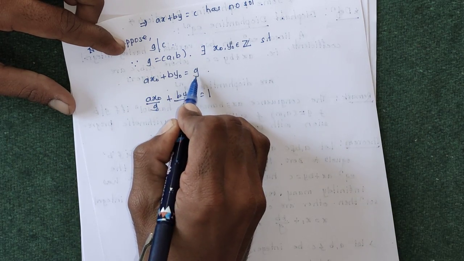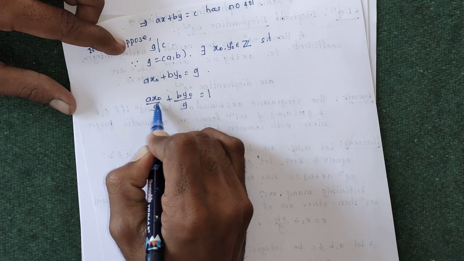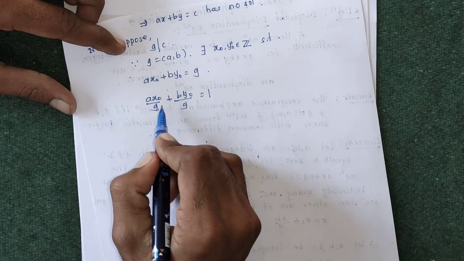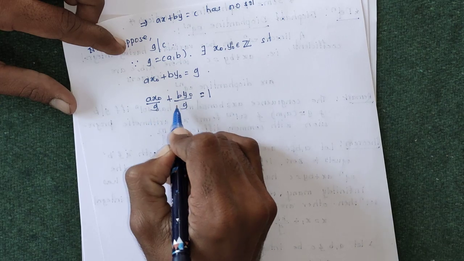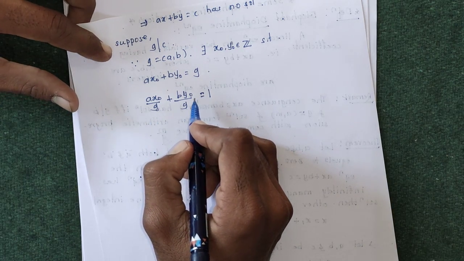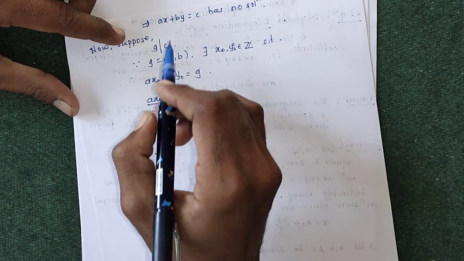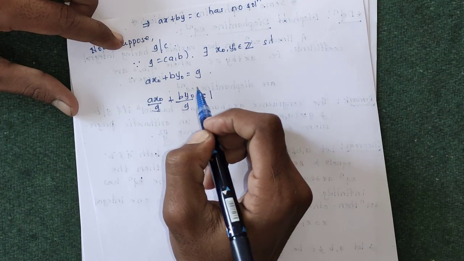So G is first of all a common divisor of A and B, that is G divides A and G divides B. So this division will give an integer. So this must be an integral solution. But we are willing to prove that the Diophantine equation Ax plus By is equal to C has infinitely many solutions.